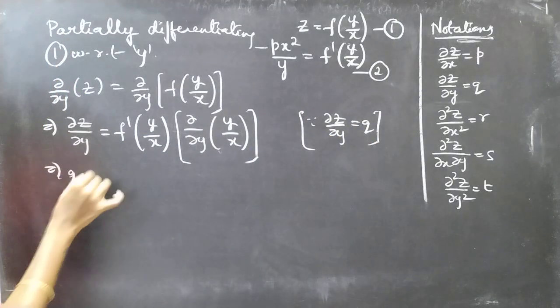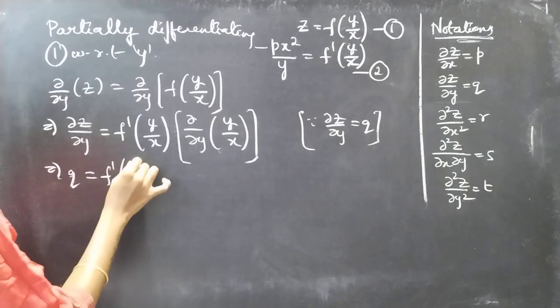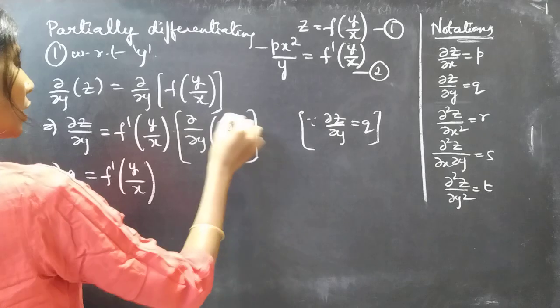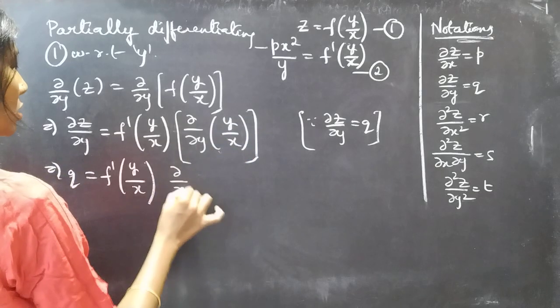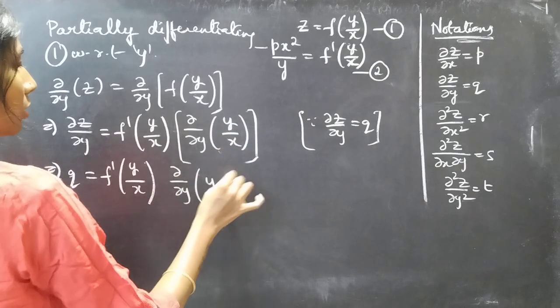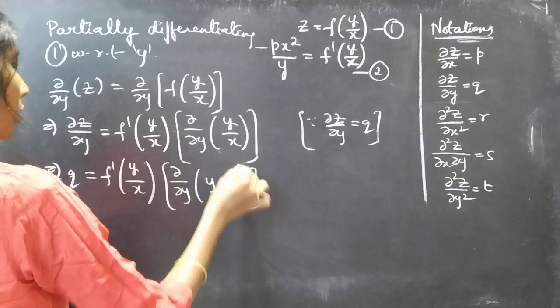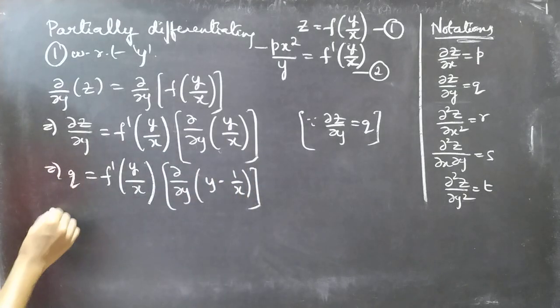We'll get q equal to f dash of y by x into, here we'll split y by x into y into 1 by x, because here 1 by x is a constant.